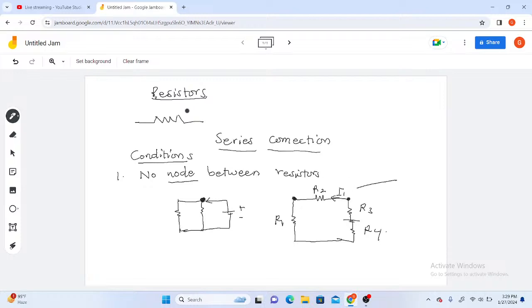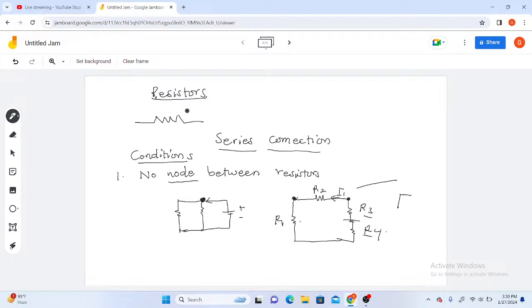But for the purpose of clarity, if you are drawing a circuit, we just curve it so that it becomes like this for easier representation. So this is not a node. For that reason, resistor 1 and resistor 2 will have the same current passing through them, and hence they will be in series.